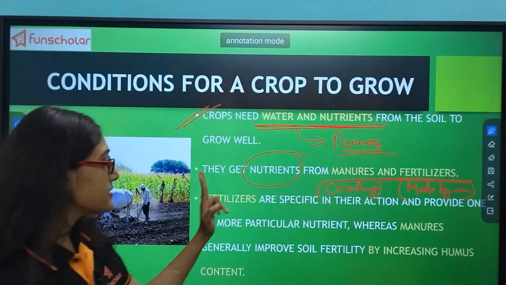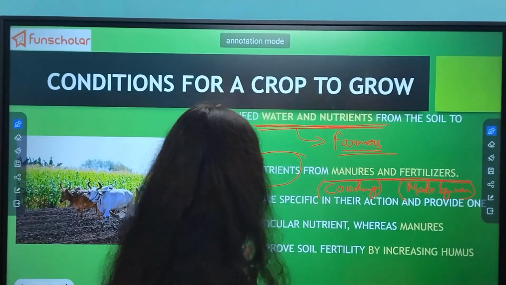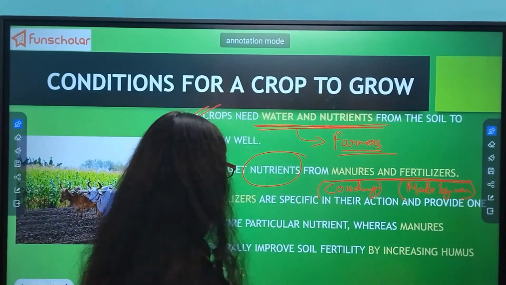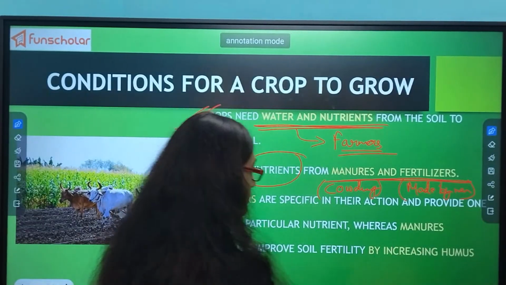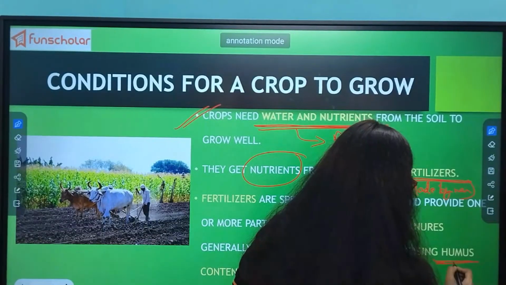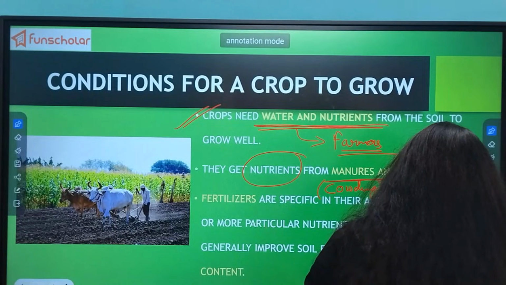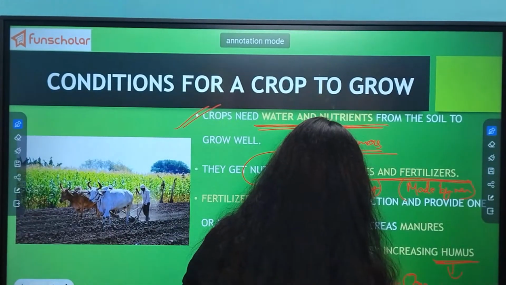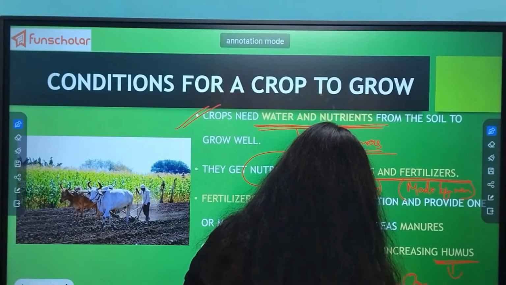Okay? Fertilizers are specific in their action and provide one or more particular nutrients, whereas manures generally improve soil fertility by increasing humus content. Humus is nothing but organic mass that is produced by nature itself, just like cow dung.